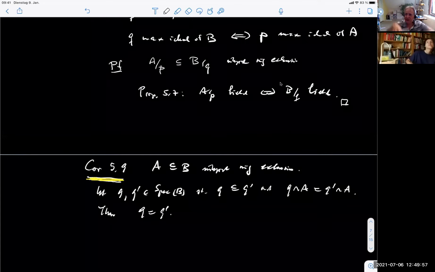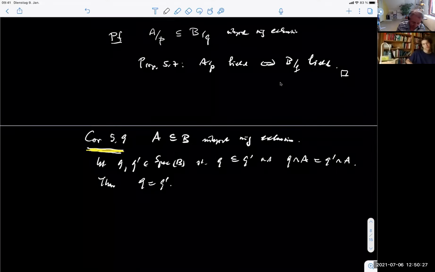Then you contract, you look down in the ring A, and you happen to get equality. Then you have equality upstairs. So the prime ideals up in the bigger ring are determined by the prime ideals down in the smaller ring, provided you have this inclusion relation. Good. So how do we prove that?